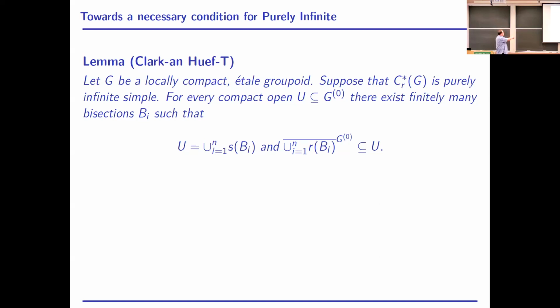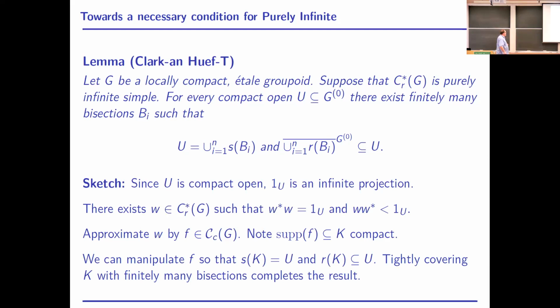So for every compact open U in G naught, there exist finitely many bisections B_i such that U is equal to the union of the sources of B_i, and the closure of the range of B_i is contained, not properly contained, in U. So you have the flavor of what we've had before, but you're missing quite a bit of tech here, and so we're currently working to strengthen this, and I think we've got a slightly better result for ample, but it's not included here.